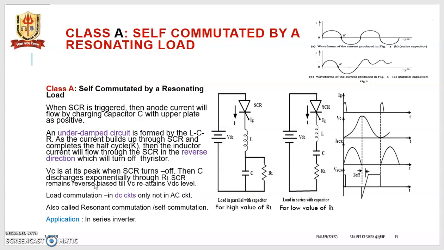Then the capacitor discharges exponentially through the load resistor, and the SCR remains reverse biased till VC re-attains the VDC supply voltage level.